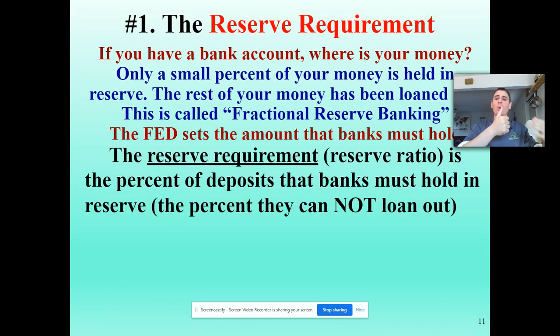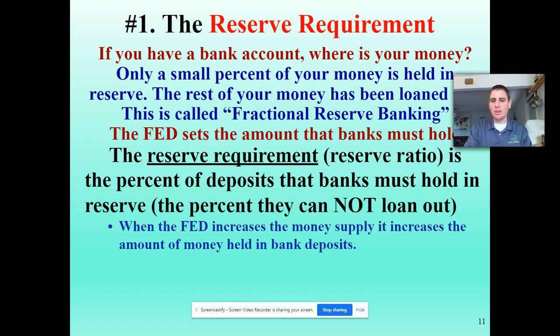Do banks have to hold on to more money? Yes, they do. Well, if they have to hold on to more money, what happens to excess reserves? What happens to the amount of money that it could potentially loan out? Well, if the reserve requirement is increasing, then excess reserves is decreasing. If excess reserves decrease, do banks have as much money that they can loan out?